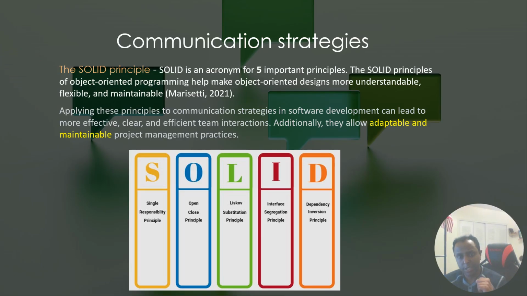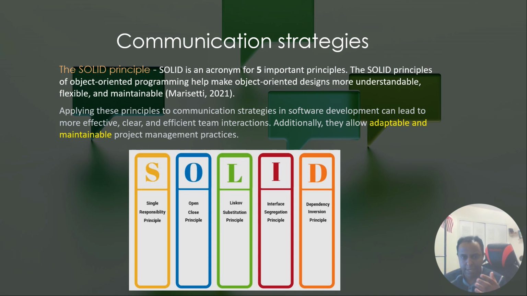So communication strategies. In communication strategies, applying the principles to the communication strategy, we have these SOLID principles, the 5 principles. The first one is single responsibility principle. The second one is open close principle. The third one is the Liskov substitution principle.